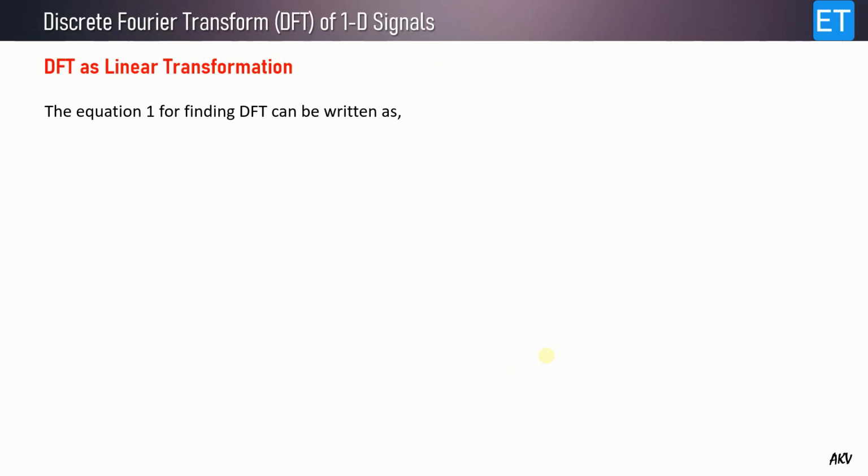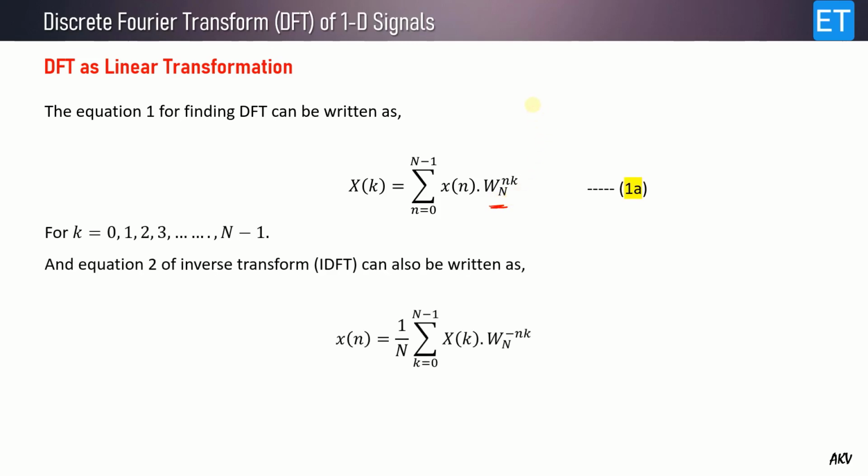Now, let us see how the DFT can be represented as a linear transformation. The equation 1 of finding DFT can be written as X[k] equals sigma n equal to 0 to N minus 1 of x[n] W_N^nk. Here we took the exponential in the previous equation and now I am representing that exponential by this W_N^nk. Similarly, the inverse transform can be represented by this equation, with W_N^-nk.